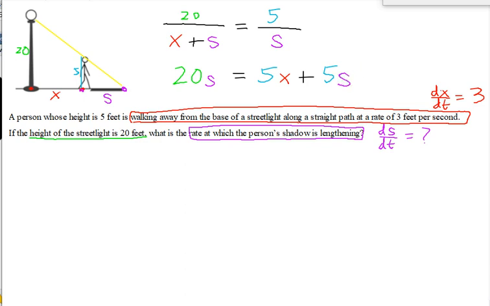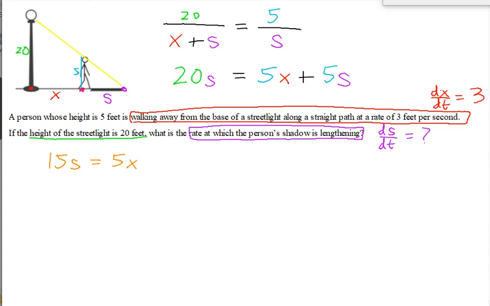So you could take the derivative right here. However, notice we've got s terms on both sides, so it might be easier if we subtract the 5s from both sides. So that would give us our equation as 15s equals 5x.